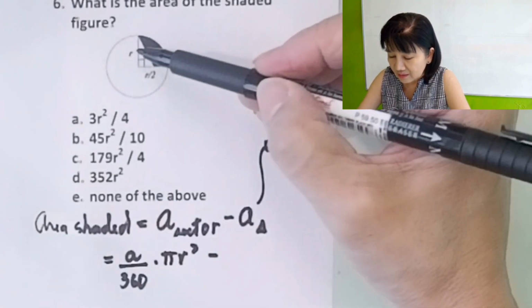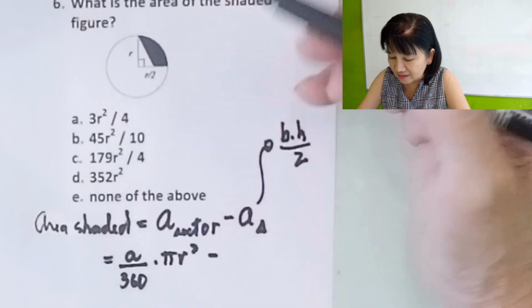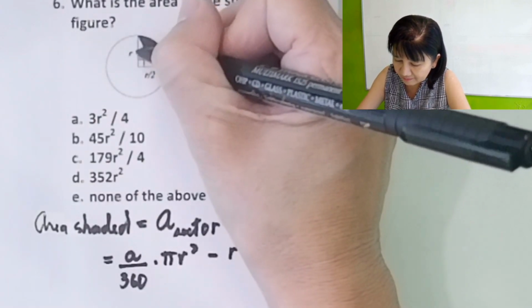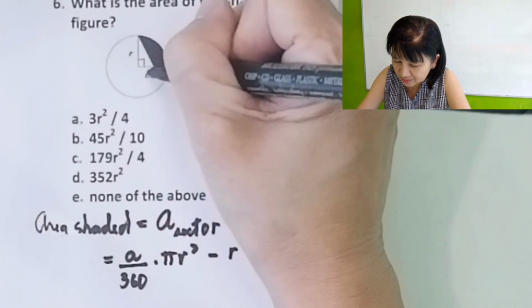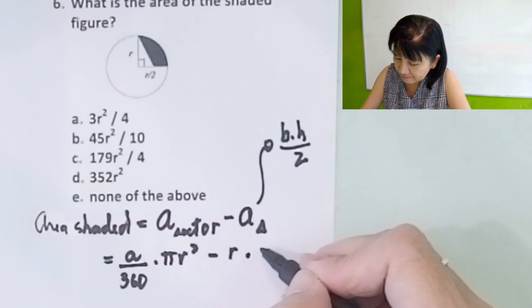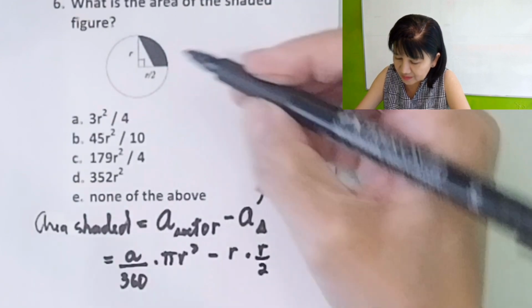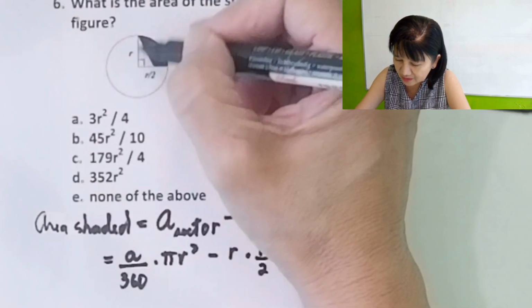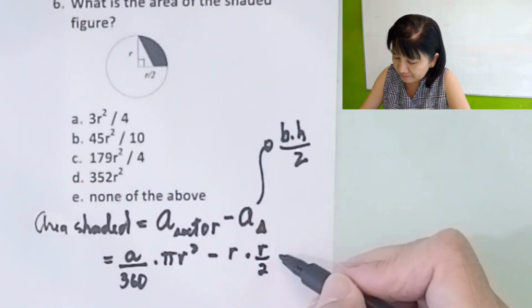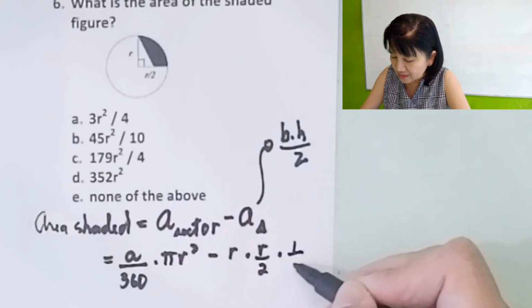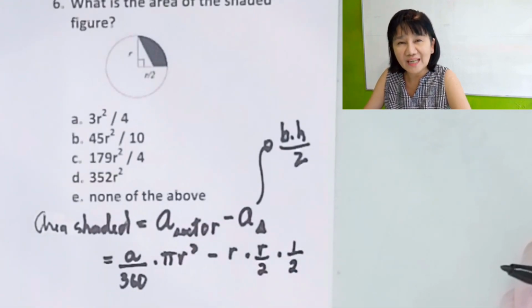But this is a right triangle, so this is your base, that's your height. This can be your base, r, times this can be your height, r, divided by 2. When we're dividing by 2, it's the same as multiplying by 1/2.